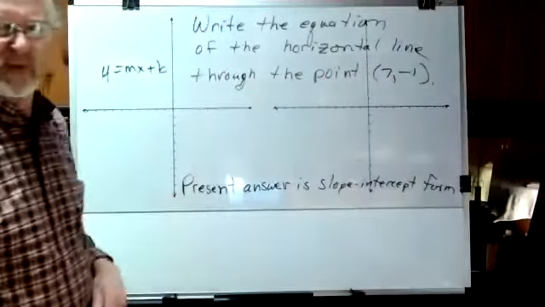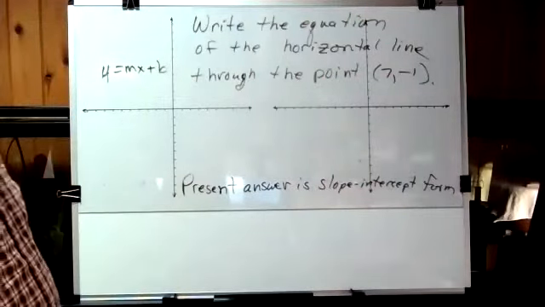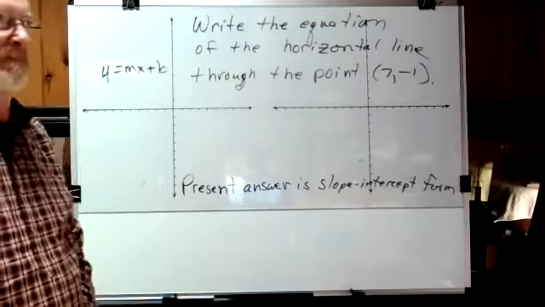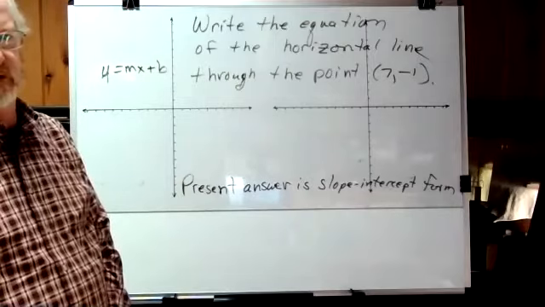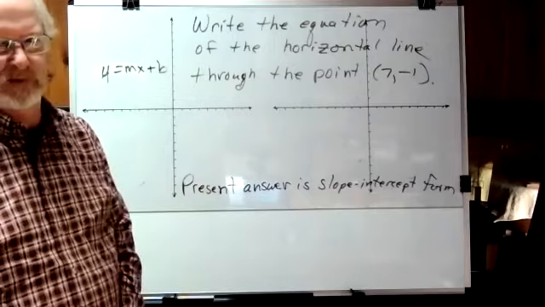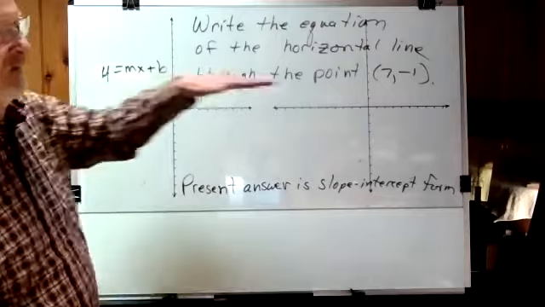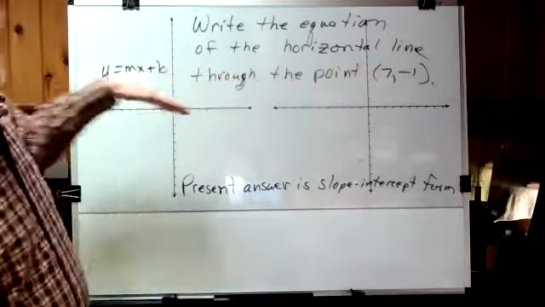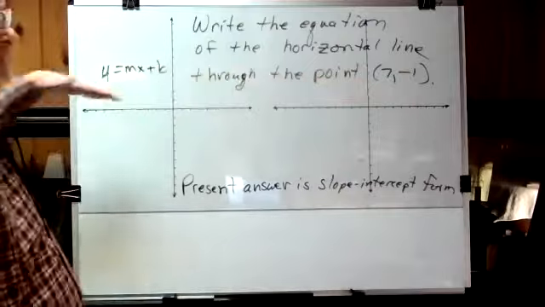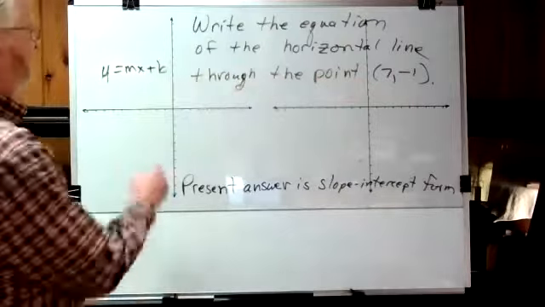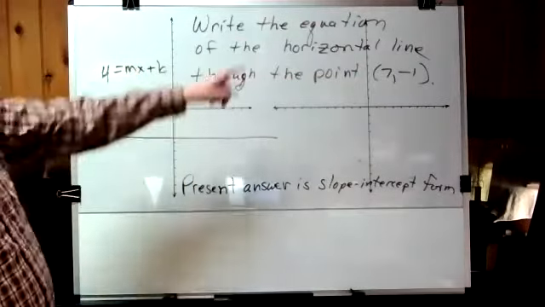Write the equation of the horizontal line that goes through the point 7, -1. Horizontal line. That's one of those simple equations. What's always the same, the y or the x? Horizontal, it's always at that same y level.